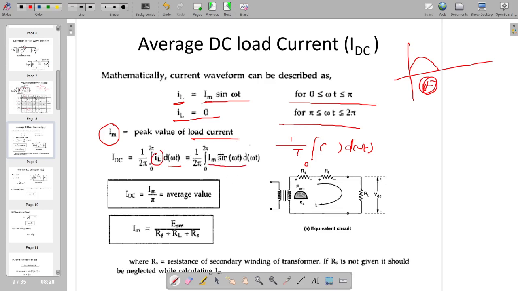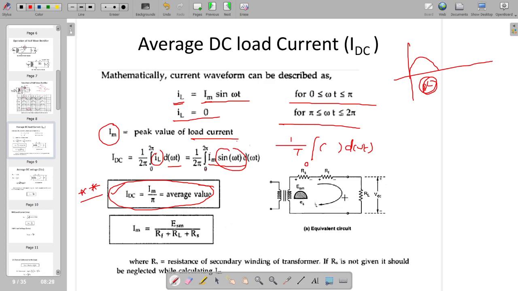Integrating sin omega t gives minus cos omega t. Substituting the limits 0 to 2 pi, we finally get IDC equal to Im upon pi. This is the average value for the half wave rectifier. This is very important for solving numerical problems. Im is the peak value of the load current.